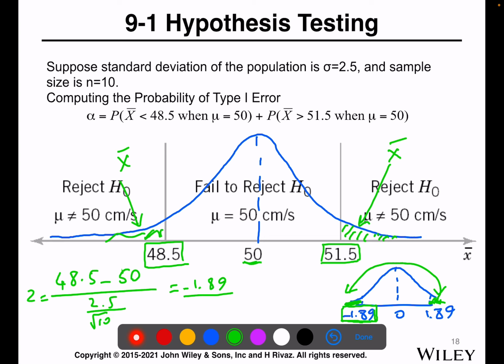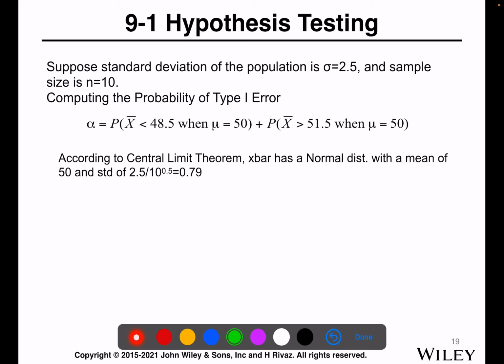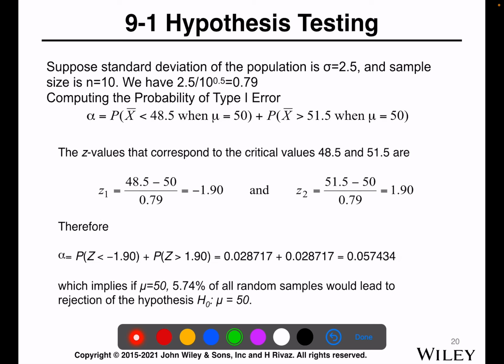Okay. So this is the same solution that we did. According to the central limit theorem, X bar has a normal distribution with a mean of 50 and a standard deviation of 2.5 divided by the square root of 10, which is 0.79.